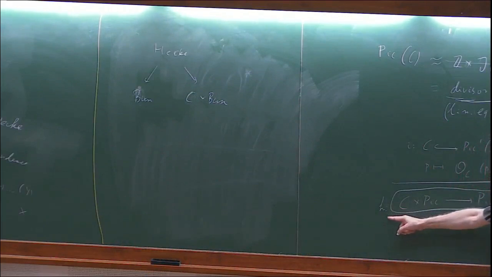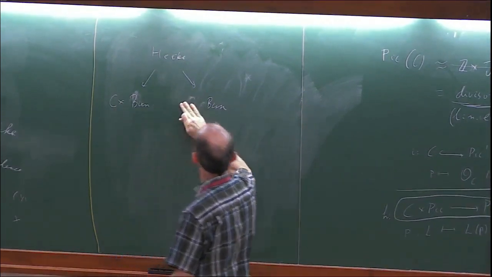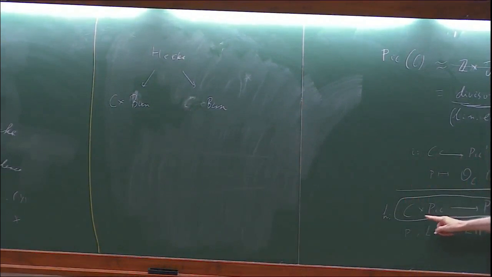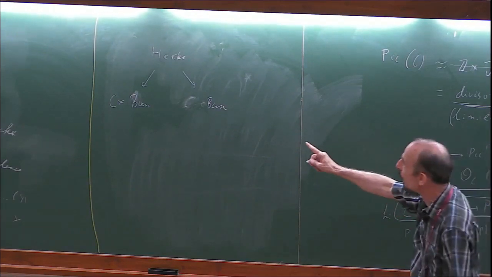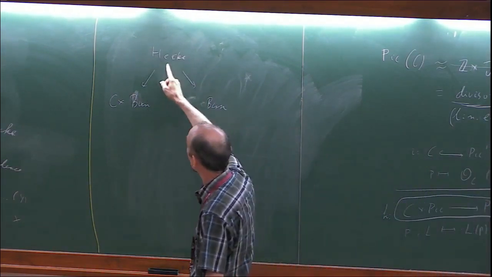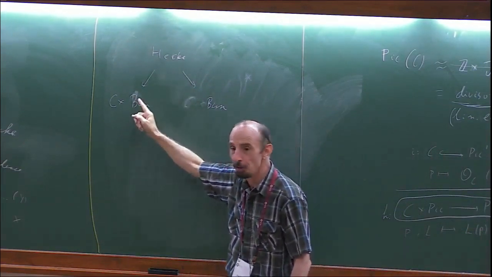Let's put the C on this side, so it will look more like this. The Abelian case was an actual map from C cross Pic to Pic. I'm replacing Pic by Bun, and I'm forced to replace the map by a correspondence. So all I know is that this new Hecke is going to be some subvariety of the product. So it's really contained in C cross Bun cross Bun.